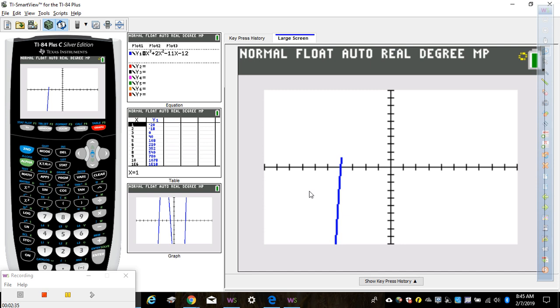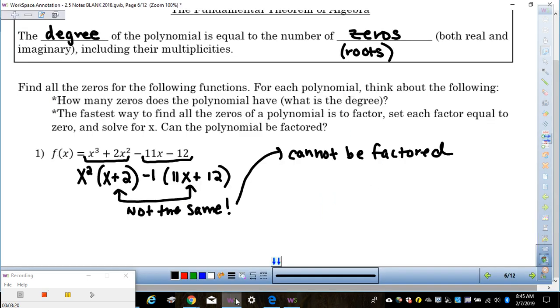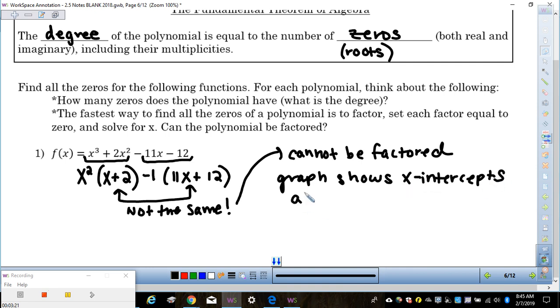And it looks like we have 3 perfect x-intercepts. So we see one at -4, we've got an x-intercept at -1, and an x-intercept at +3. So let's make a note of that here, that the graph shows the x-intercepts at -4, -1, and +3.